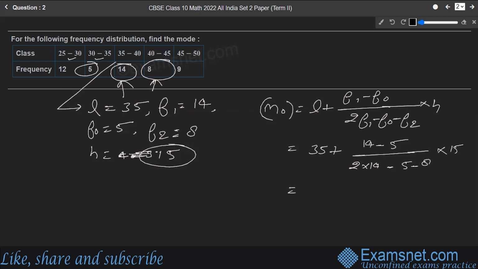If you solve this further, it is 35 plus 9 by 15 into 5. So it's coming out to be 35 plus 9, that is 44. So the mode comes out to be 44 as the answer.